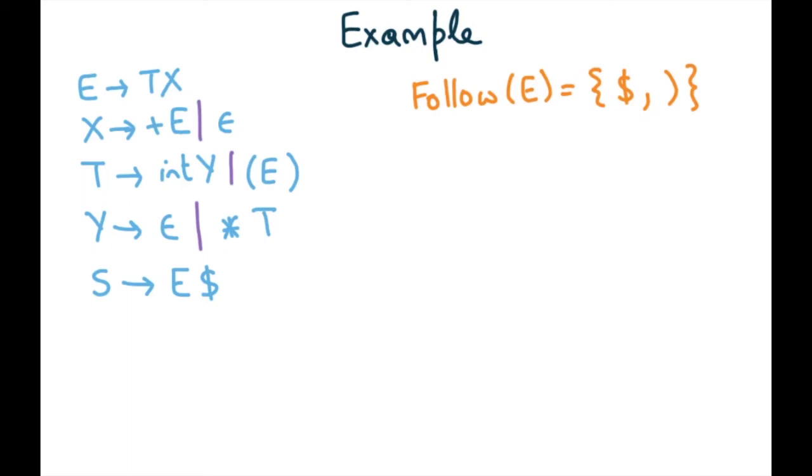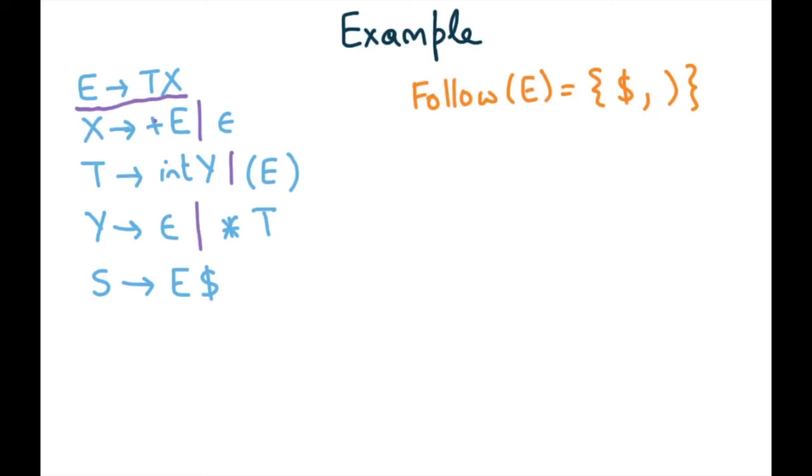Now let's look at X. What can follow X? Notice the first rule, E produces TX. So using rule number 2, anything that follows E will also follow X, right?